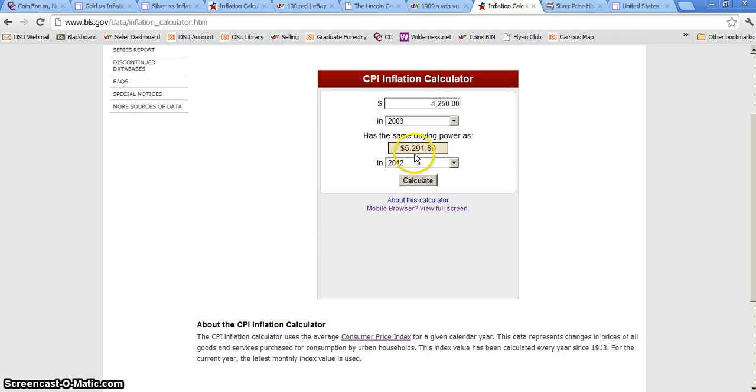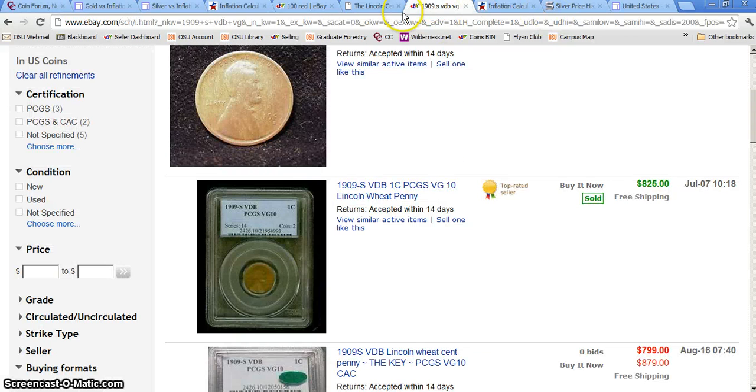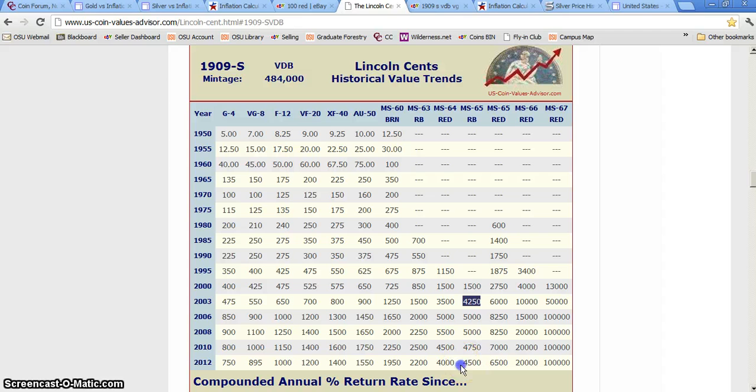Adjusted for inflation, we see that if you want to sell your MS65, you'll have to sell it for at least $5,291. According to the price guide here, no one's going to be willing to pay that.